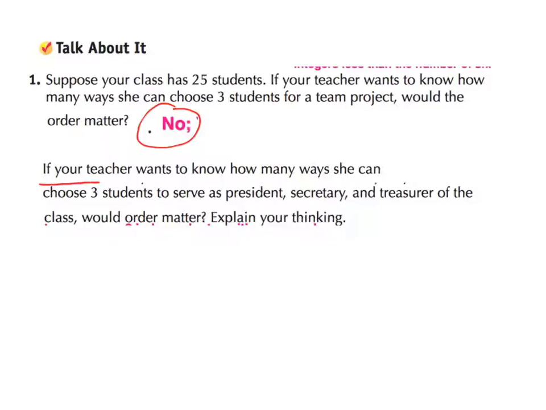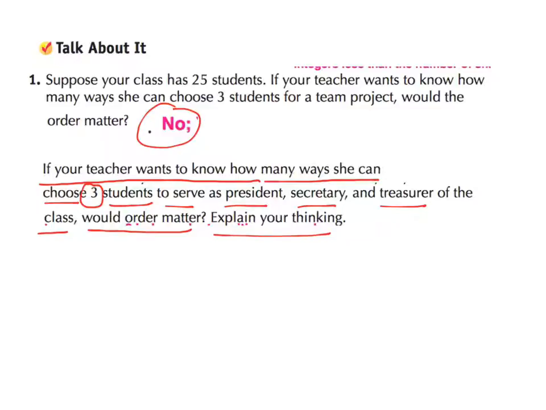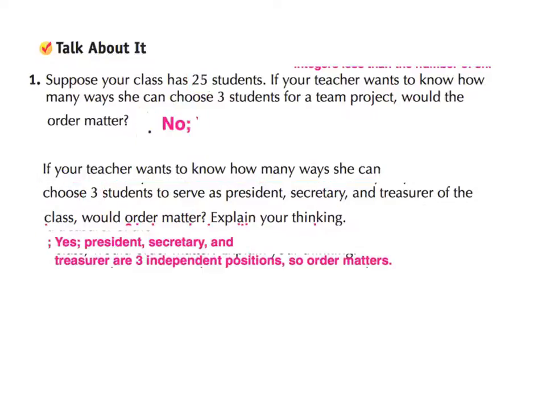But suppose your teacher wants to know how many ways she can choose 3 students to serve as president, secretary, and treasurer of the class. Would order matter? Explain your thinking. She wants to choose 3 students, one for president, one for secretary, and one for treasurer, out of the 25 students she has. Will the order of choosing students matter? Yes, because president, secretary, and treasurer are 3 independent positions.